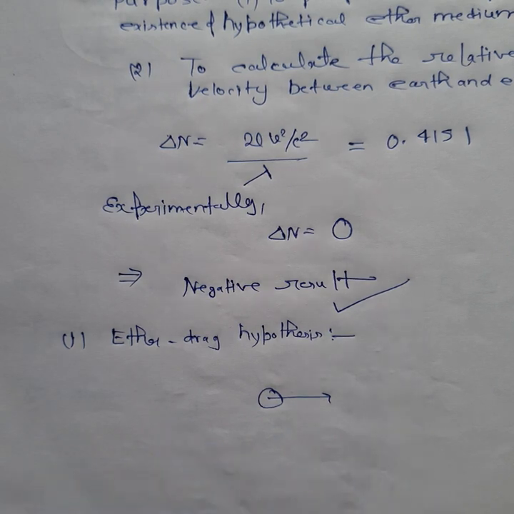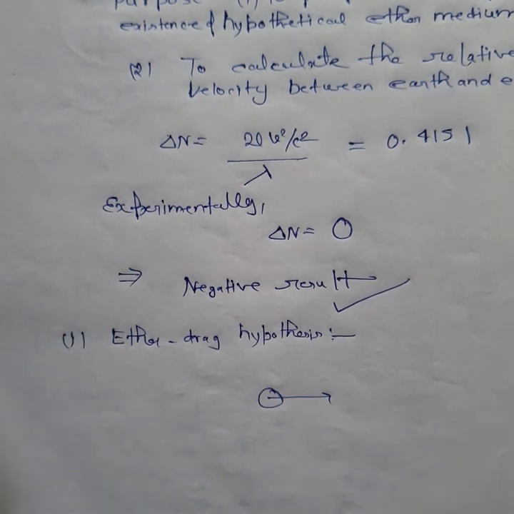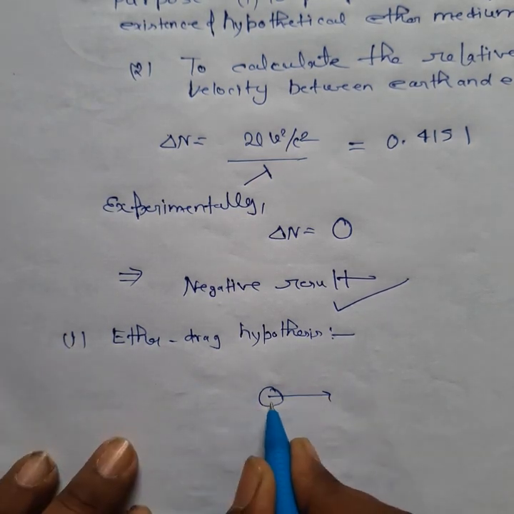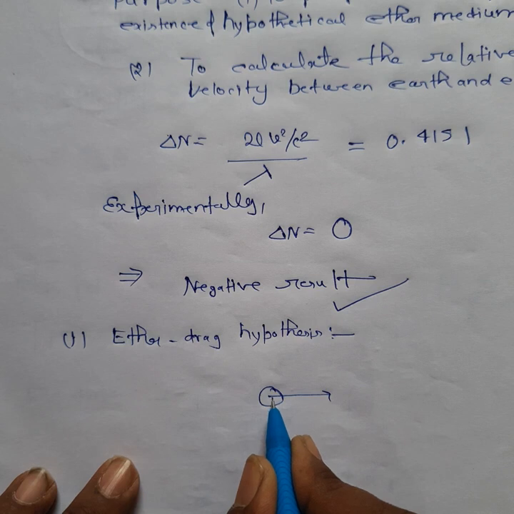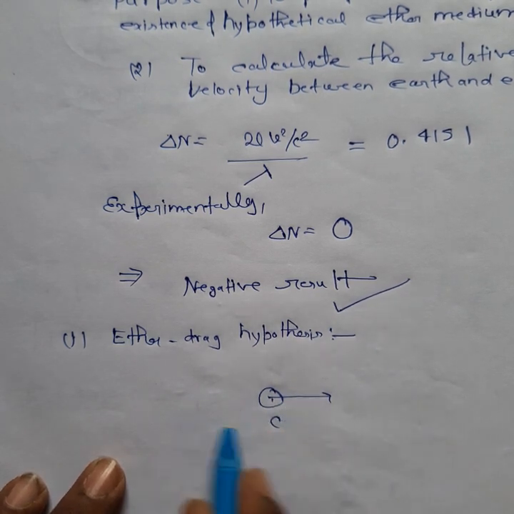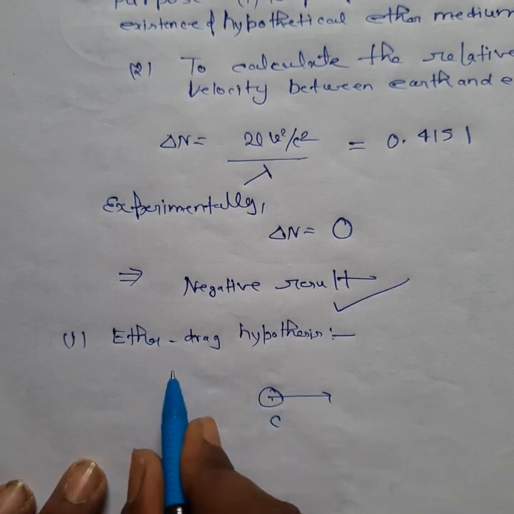Therefore, there is no concept of relative motion between Earth and ether. Hence, the velocity of light as observed by the observer on the ground will be the same as the velocity of light as observed by the observer in the ether medium.